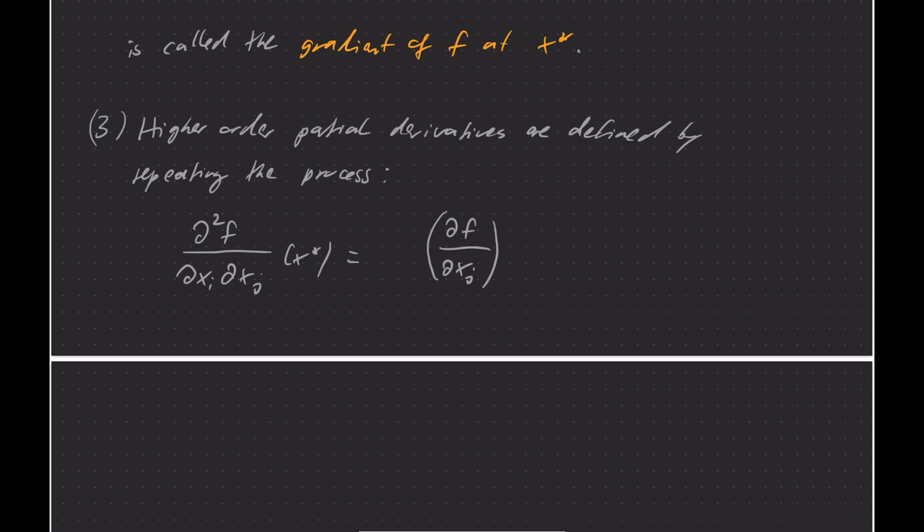This is a function defined on R to the n that yields values in R, so we can again apply partial differentiation. And then we just differentiate that one once more with respect to xi this time. And we'll evaluate all that at x star. Okay, so that's a second order partial derivative. And of course, you can repeat the process for third order, fourth order, and so on.